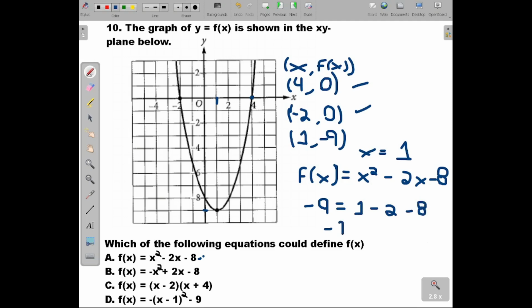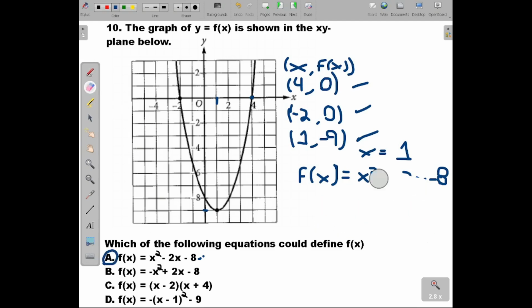So negative 9 is equal to 1 minus 2 is negative 1, minus 8 is equal to negative 9. So yes, the equation is consistent and the 3 points belong to this graph, so that means that the right answer is A.